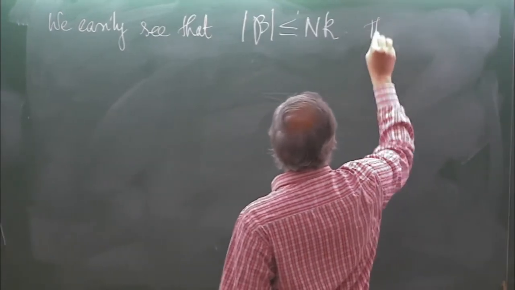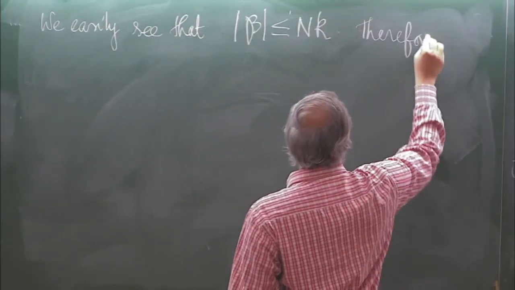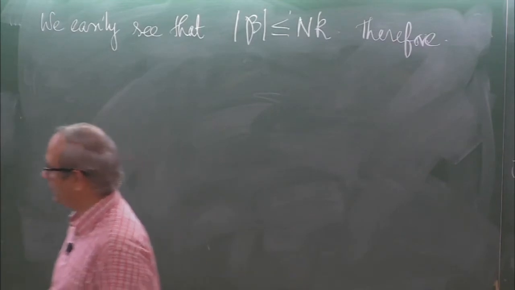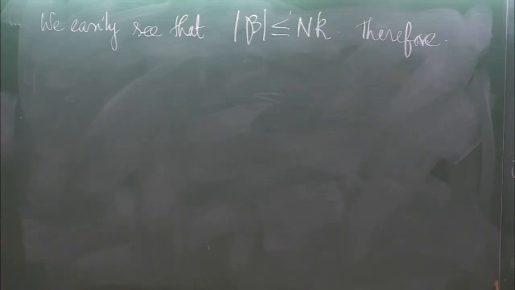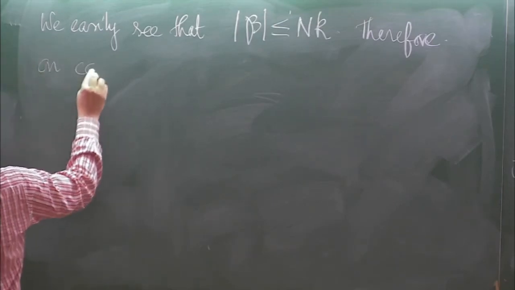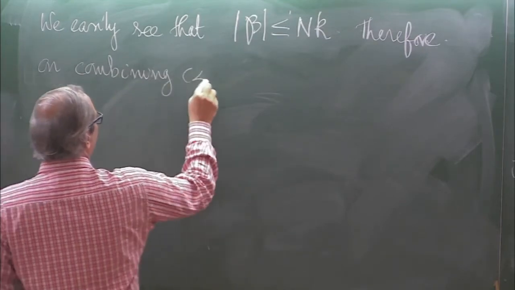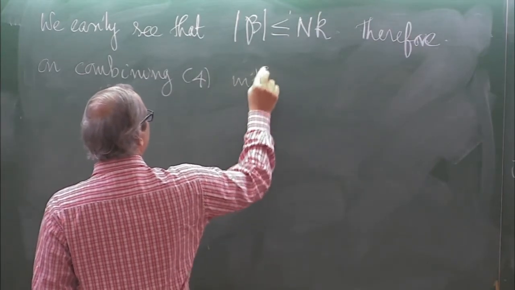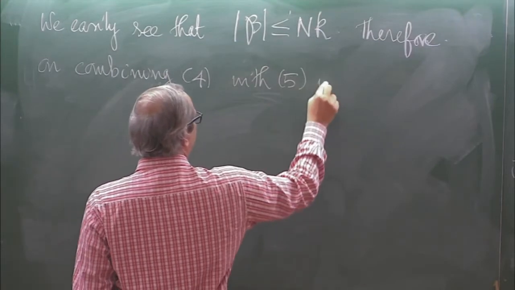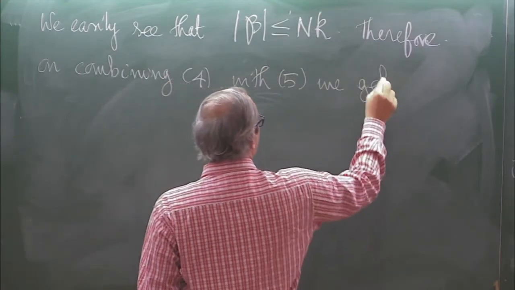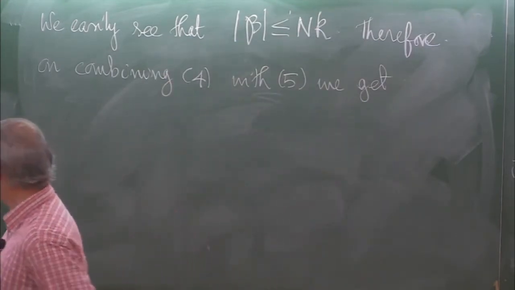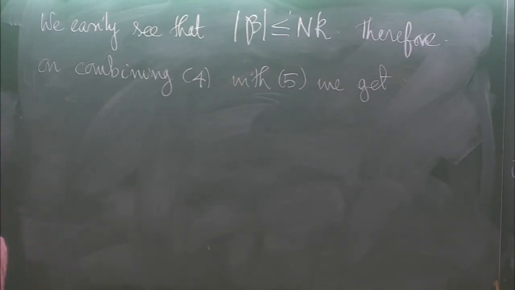Therefore, on combining 4 with 5, we get what? We get Rm n k.